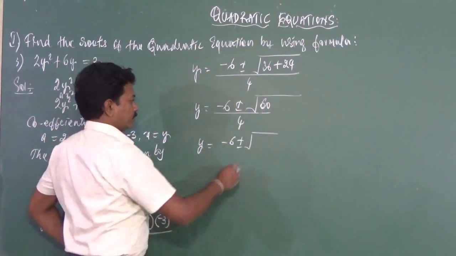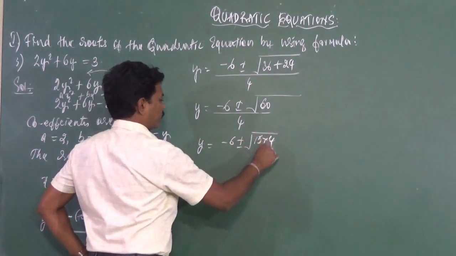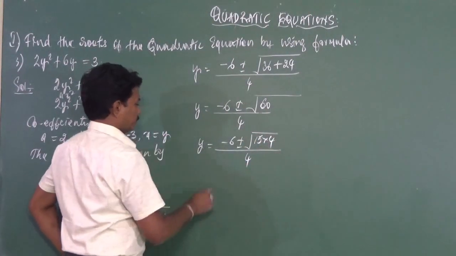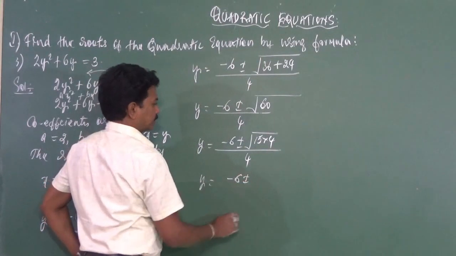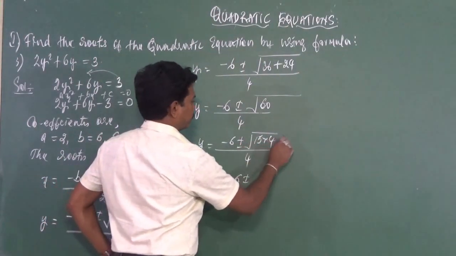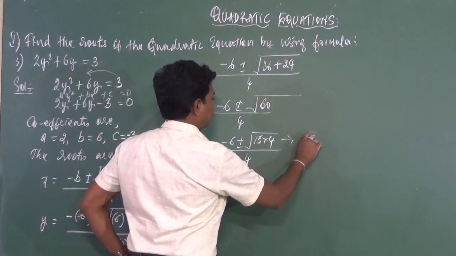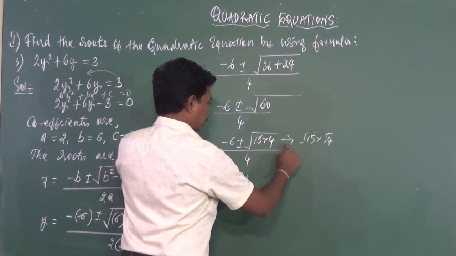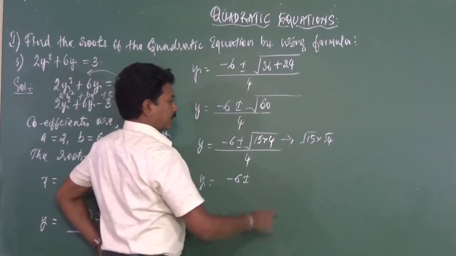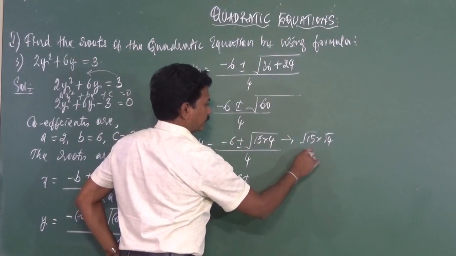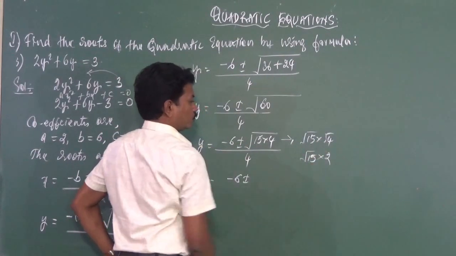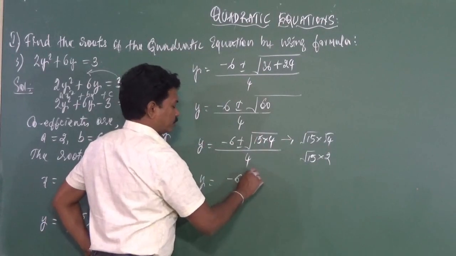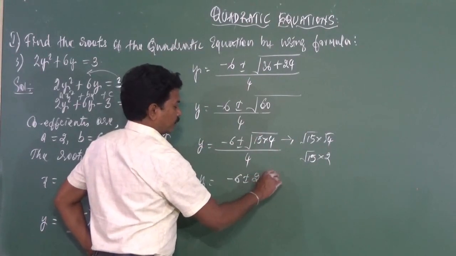So this can be written as square root of 15 into 4 by 4. Okay. So y is equal to minus 6 plus or minus. Here this square root can be put like this: square root of 15 into square root of 4. When we write like this, square root of 15 remains the same, whereas square root of 4 becomes 2.